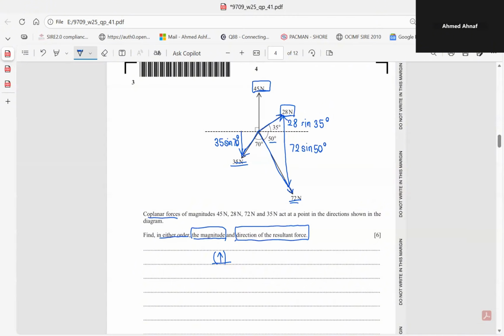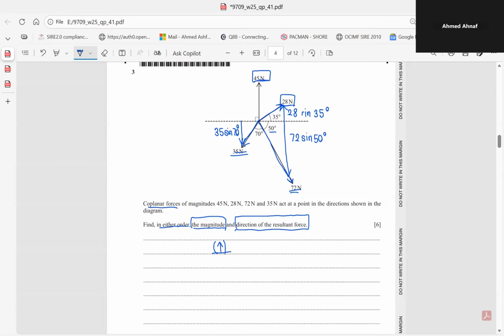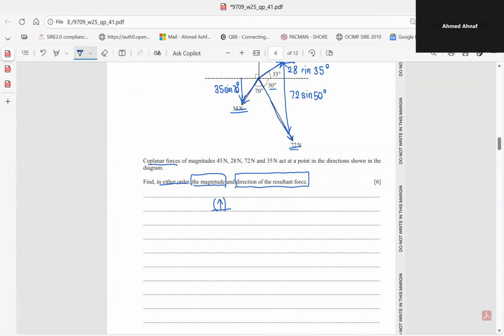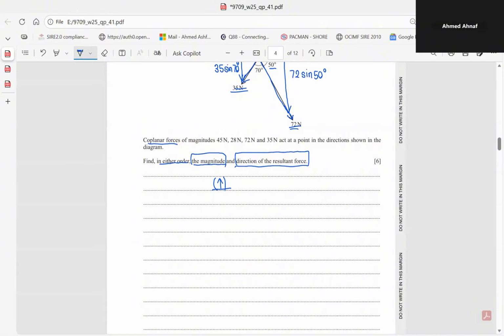Okay, so I'm going to take the upward vertical force as the positive direction. So I'm going to mention that first, and I will subtract the downward vertical forces. You can do it the other way as well. Okay, so let's do that.